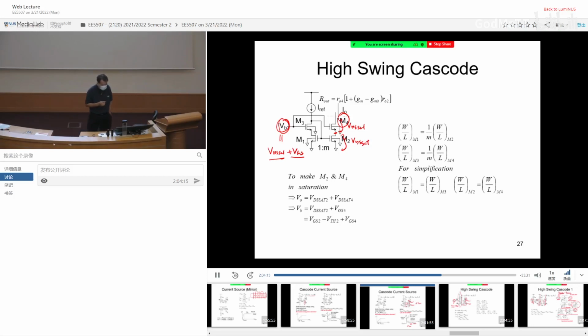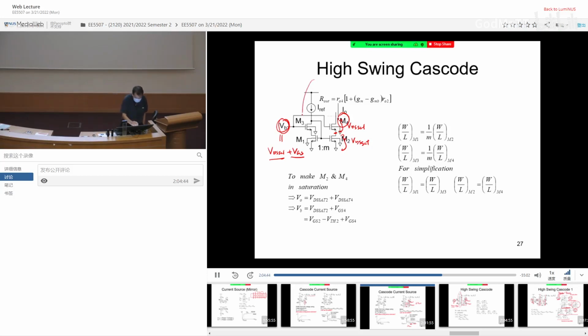I find that a lot of students are confused about cascode because they find it very complicated. How come you need to design this? How come you need to design that? But eventually they all come down to a very simple principle. I want 2 VDS set. So I know that this voltage needs to be VDS set plus VGS. The rest is figuring out how to get that. That's it. Simple as that.